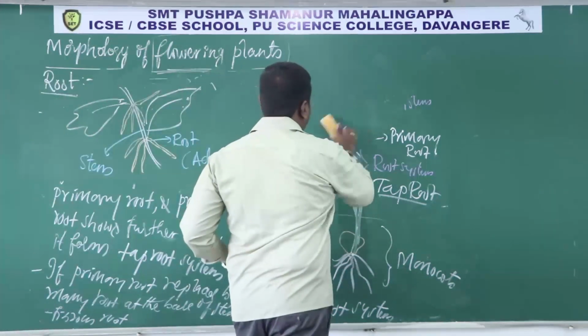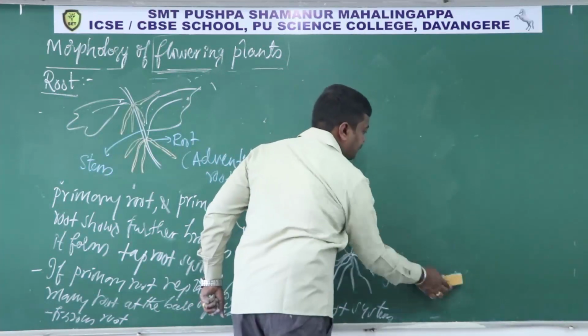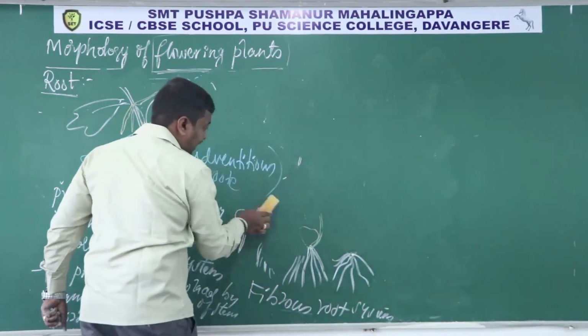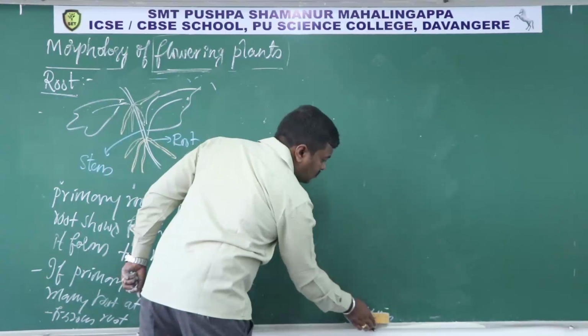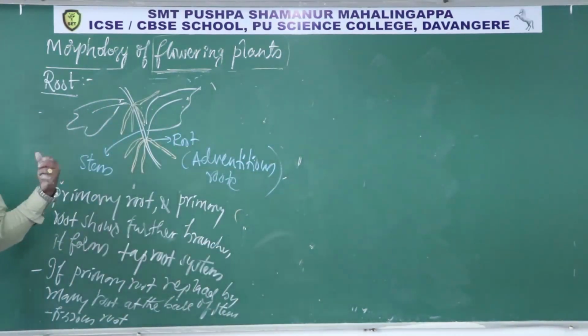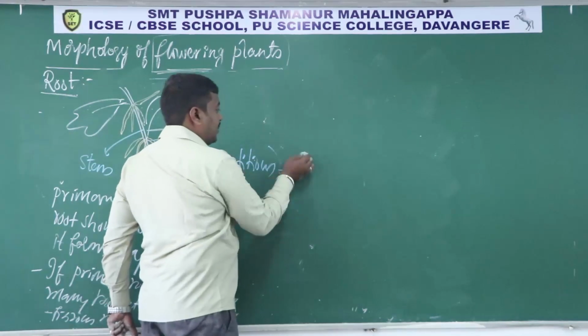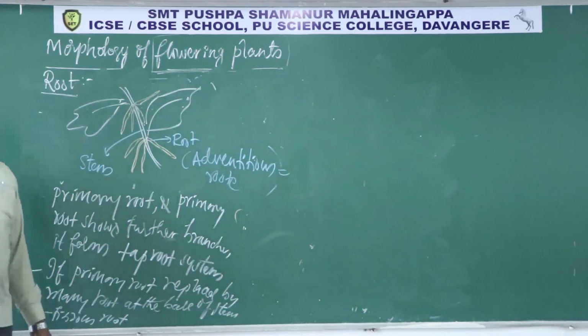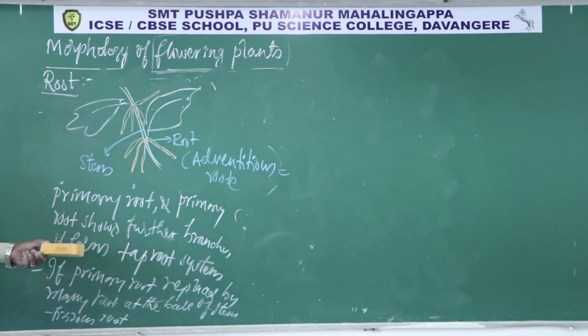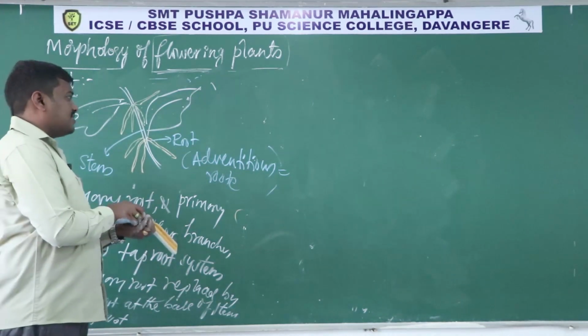So now basically there are 3 types of roots. One is the primary, that is the taproot system, the fibrous root system, and another one is the adventitious root. So what is an adventitious root? Okay, I already told you the root should be produced from the radical, then only is it called a true root system. Then the adventitious root deviates from that.